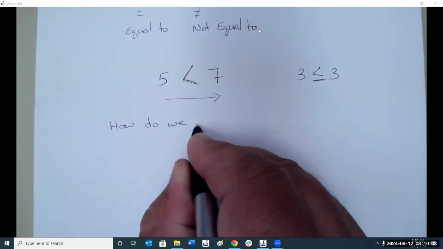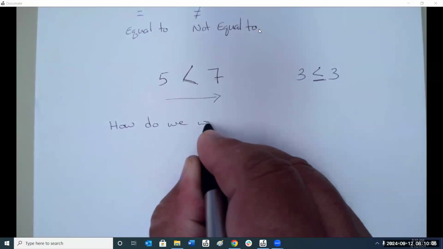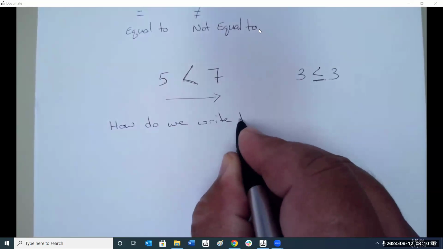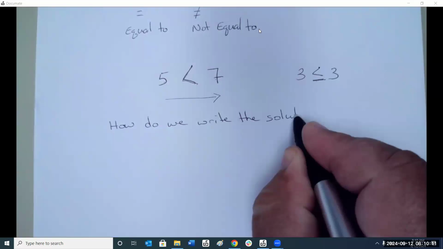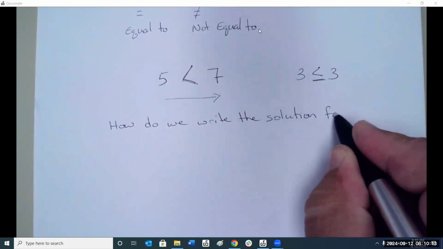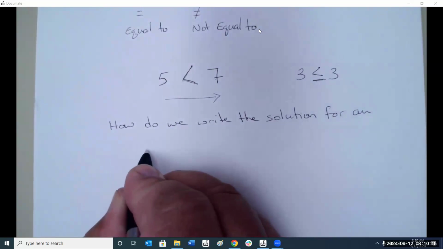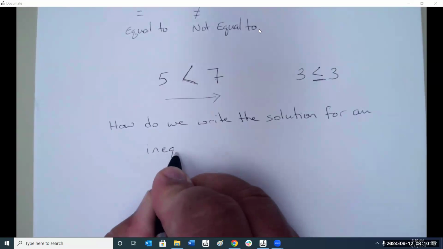How do we write the solution for an inequality?